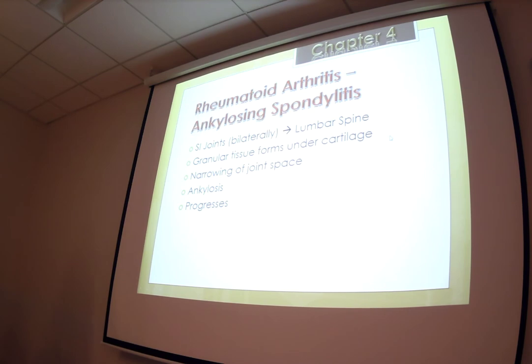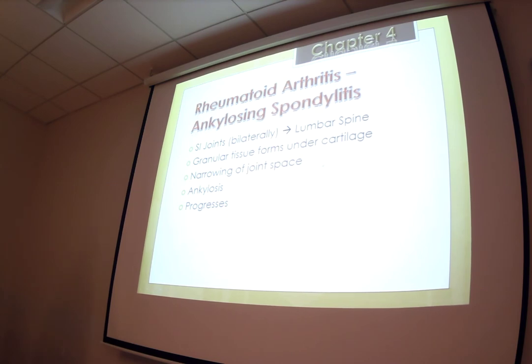So another form of rheumatoid arthritis, you end up with ankylosing spondylitis. Typically begins in the SI joints bilaterally and then moves its way into the lumbar spine. It just begins, as with the hands and smaller bones, as an inflammation in the joint space.